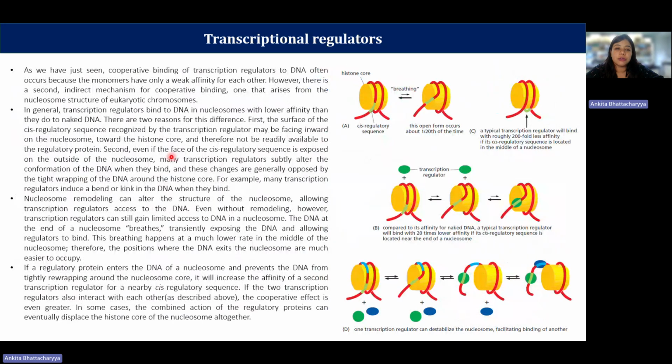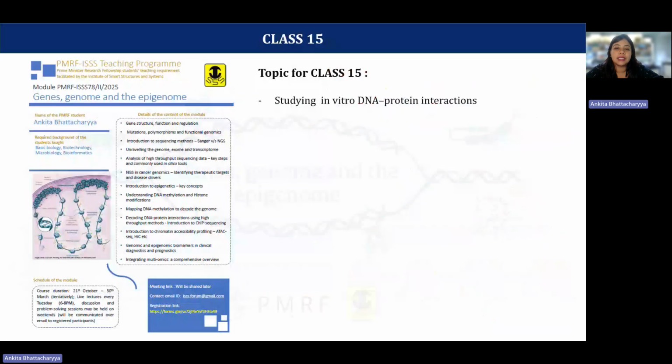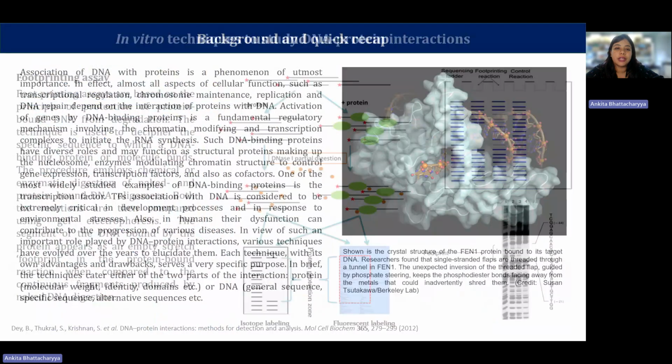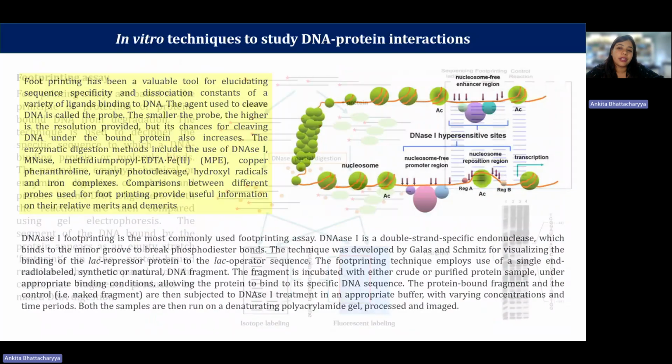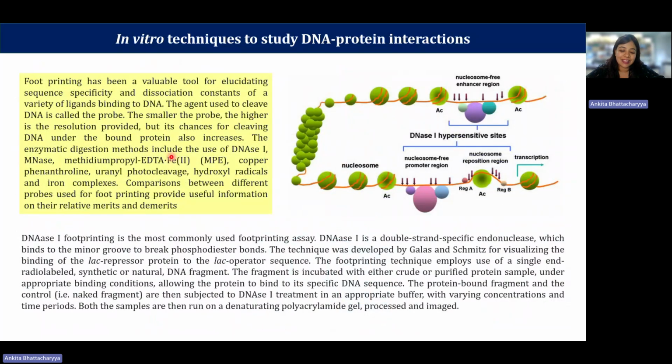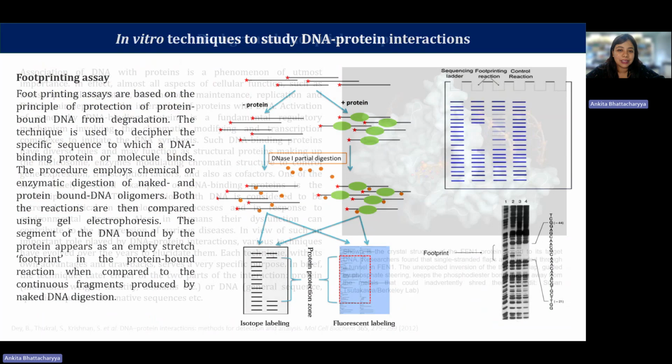Then the way in which transcriptional regulators are able to bind and open up chromatin. We discussed that. Then we discussed in vitro DNA protein interaction studies from footprinting assay onwards. And this was, I think, really recent.